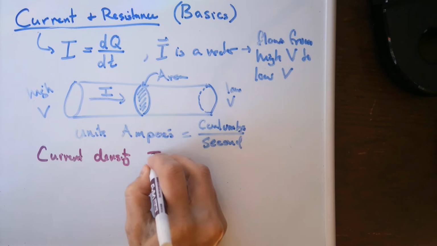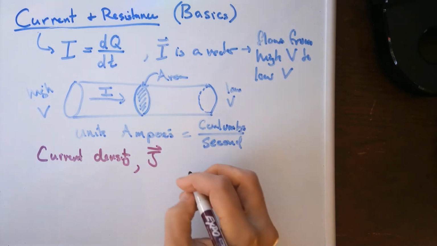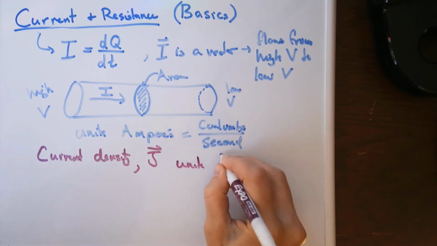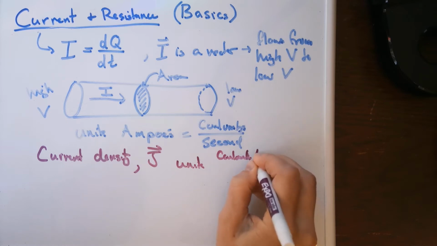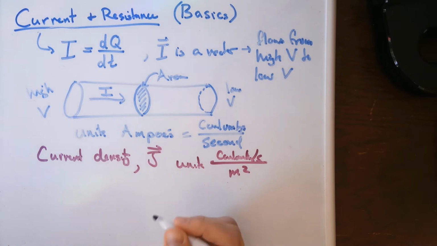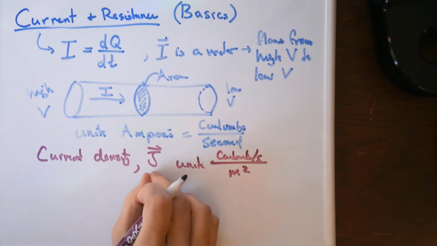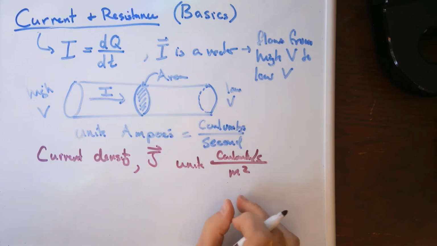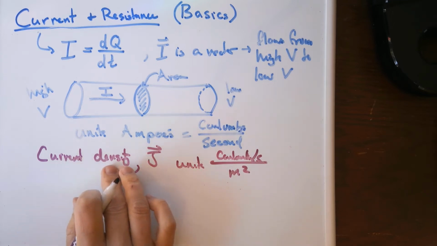And for that, we use a big capital J. And the units of this are coulombs per second, so the unit of current, divided by meters squared. And that's because current density, like any other density, is the thing you're interested in divided by some kind of geometric thing. So in this case, it's area. So this is an area current density.